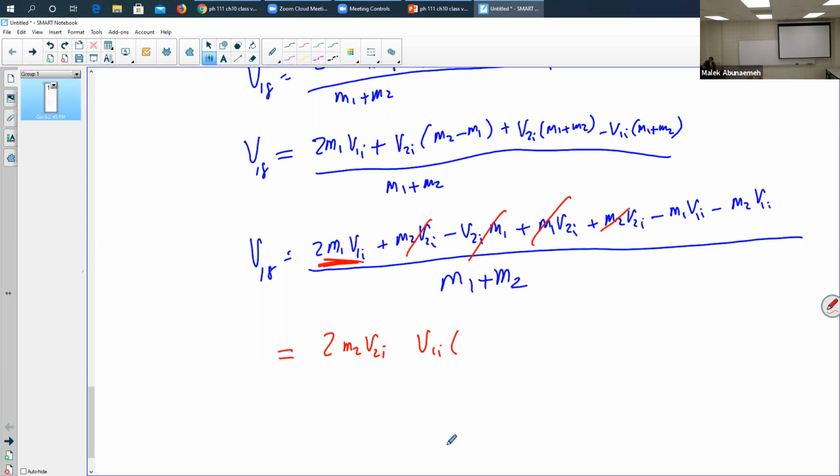2 M2 V2I plus V1I. Yeah, you're right. So this is just a long equation. Let me get back to blue. So let's see what we said. We said 2 M2 V2I, and then you got V1I M2, and then V1I M1, so that's plus M1 V1I, minus M2 V1I over M1 plus M2.